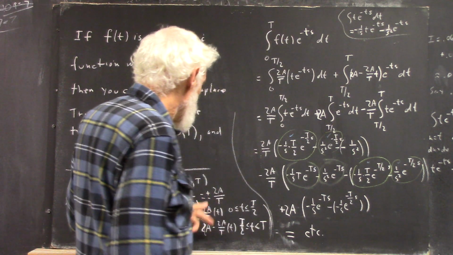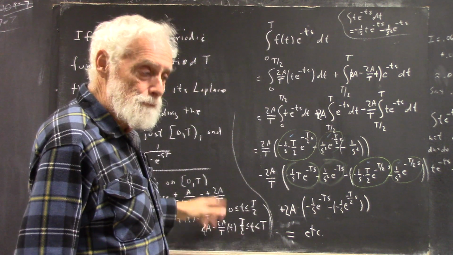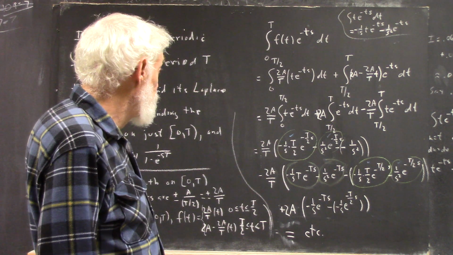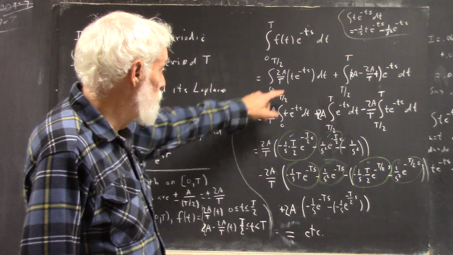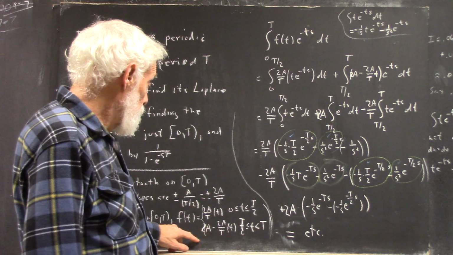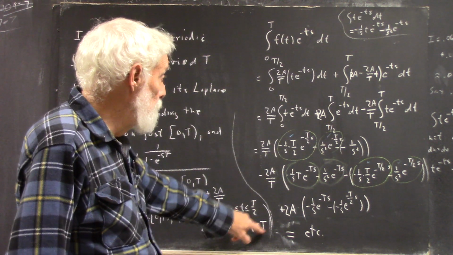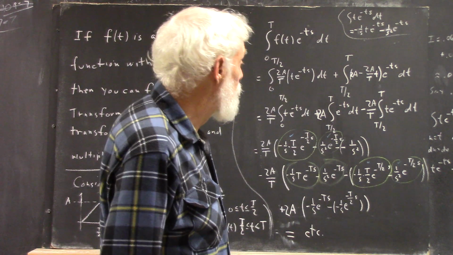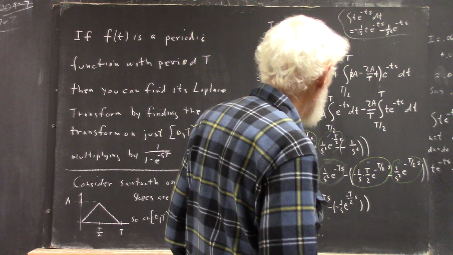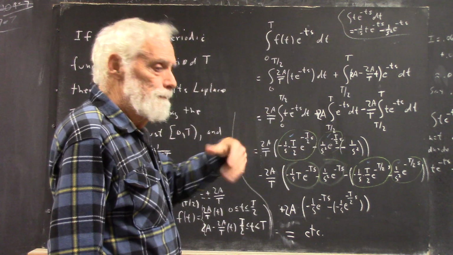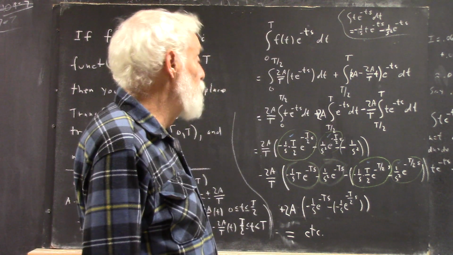Plugging in the piecewise definition of our function, we have the integral of this function from 0 to T over 2, that's here, and the integral of this function from T over 2 to T, that's here. We separate the two terms that we get in this integral because we're going to use two different integration techniques.